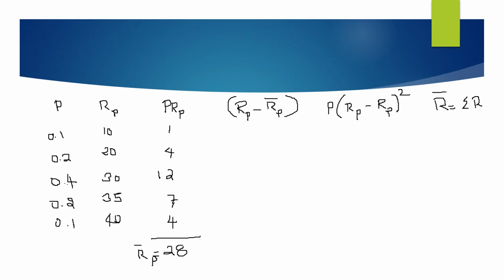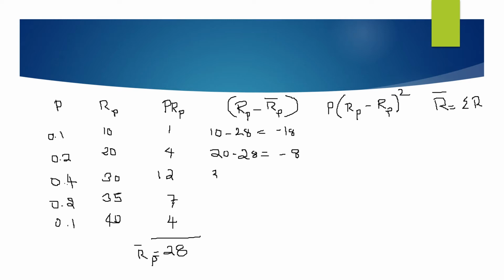This value should be deducted from the returns of stock P. So 10 minus R bar P, which is 28, equals minus 18. For 20, RP is 20 minus R bar P of 28, that equals minus 8.